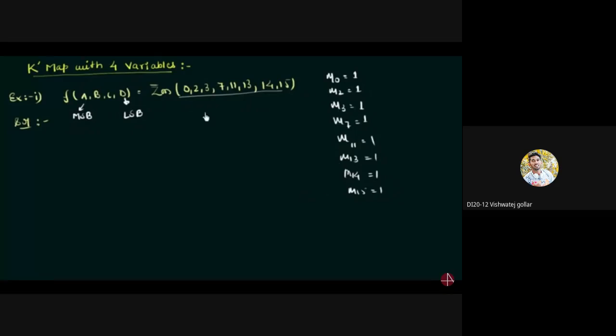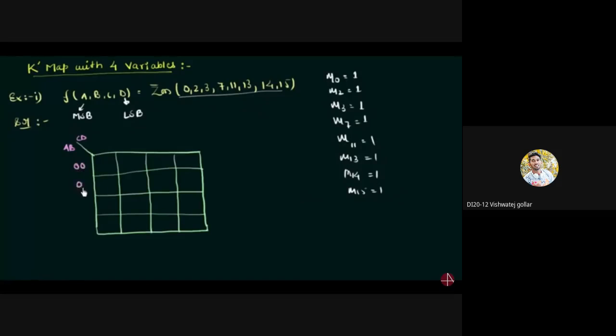You know this representation very well. Now we will move to our K map. First we will draw a 16-cell K map with the labels 00, 01, 11, 10 on both axes.